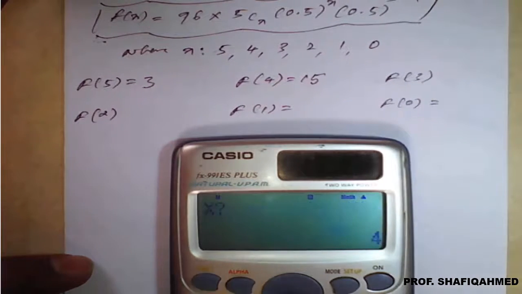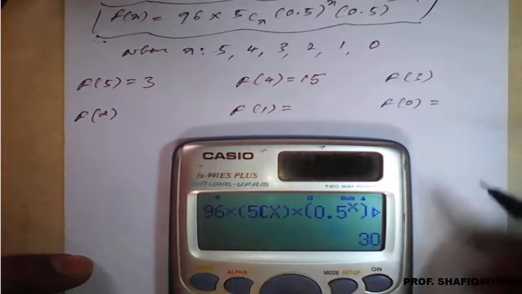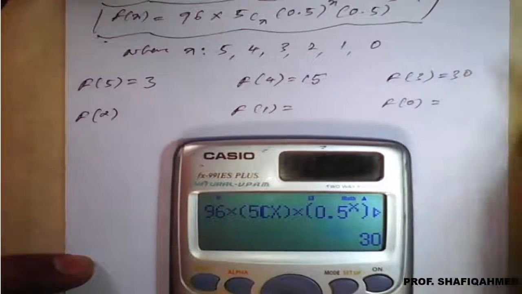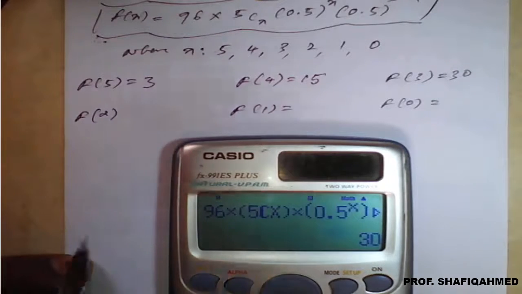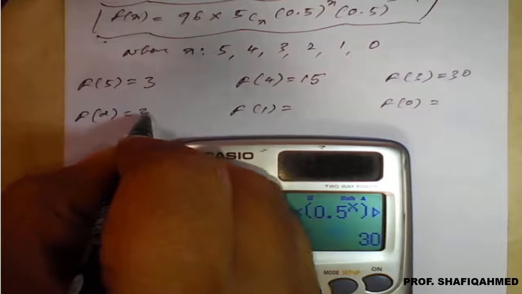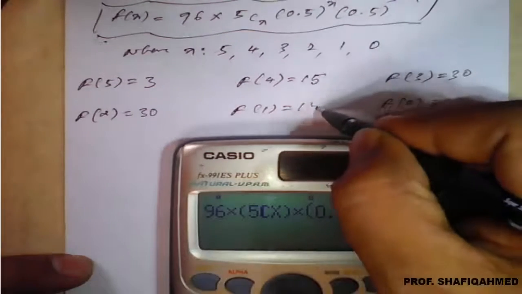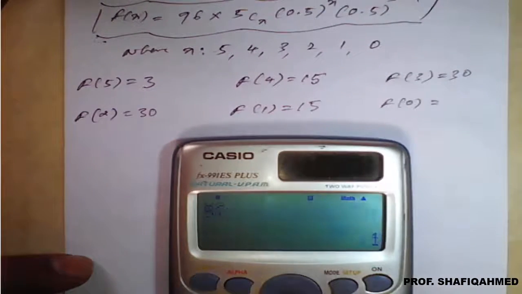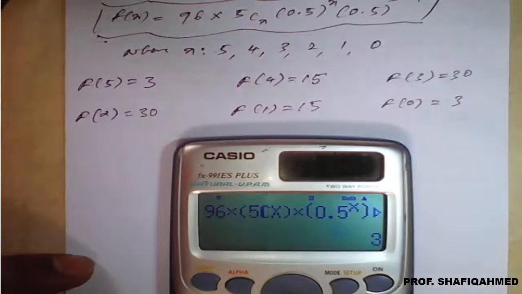Next, when x is 3, it will be 30. Similarly, when x is 2, it is 30. When x is 1, it is 15. When x is 0, it is 3. So in this way we got the theoretical values.